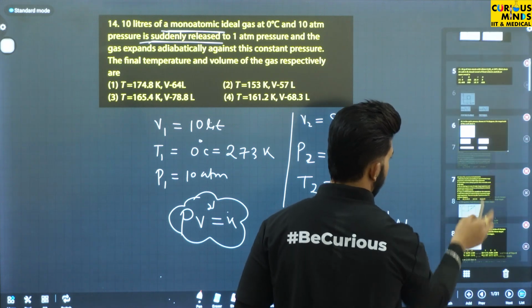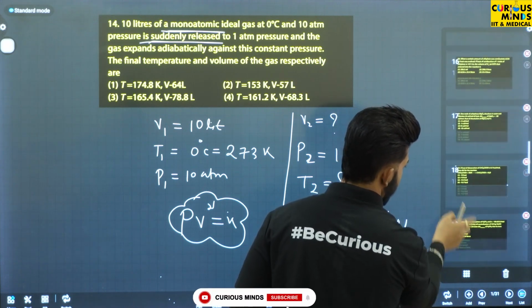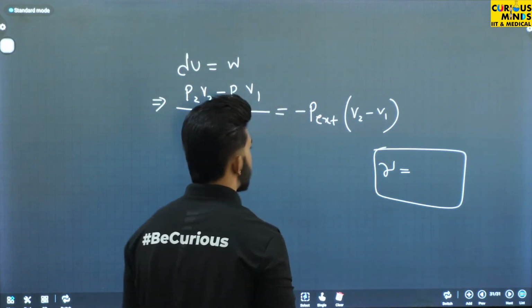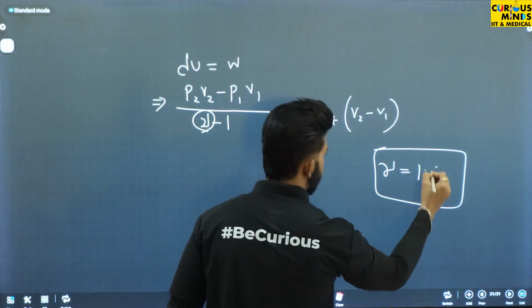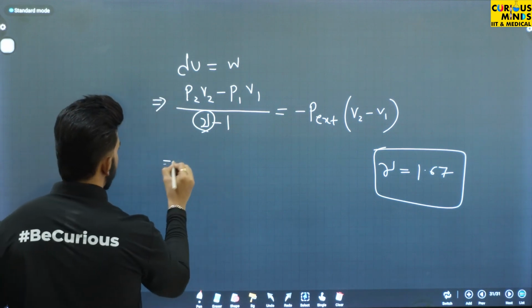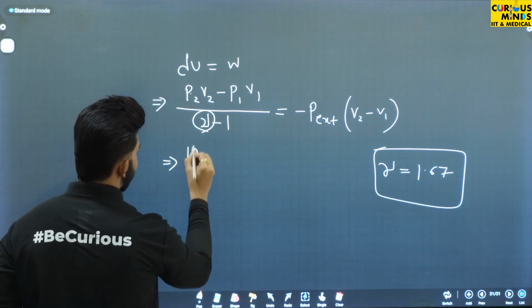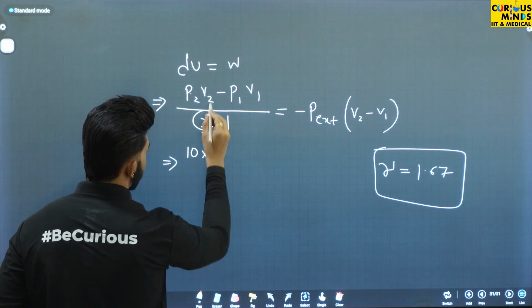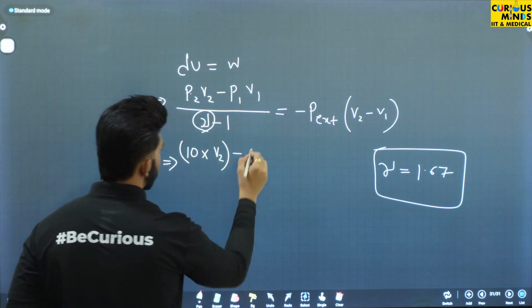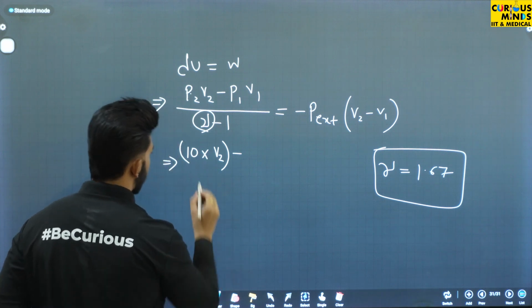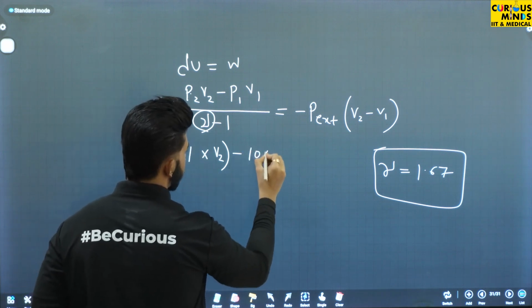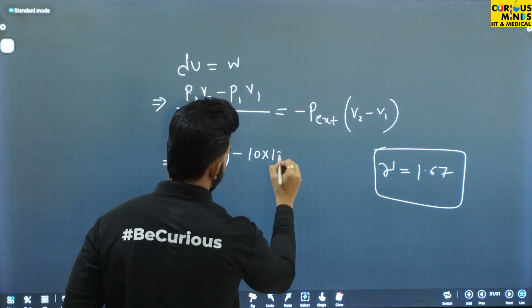So gamma will be 1.67. Now if you look at the question, all the values are given. So P2 is 1 atmosphere, and P1 is 10 atmosphere, into V2, which we have to find out, minus 10 atmosphere into V1, which is 10 liter.